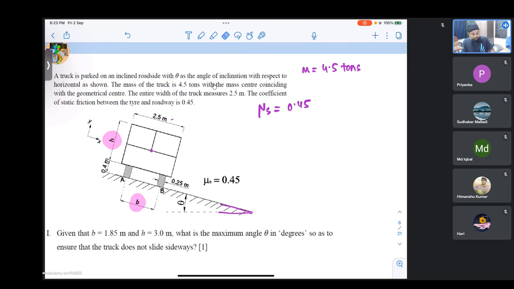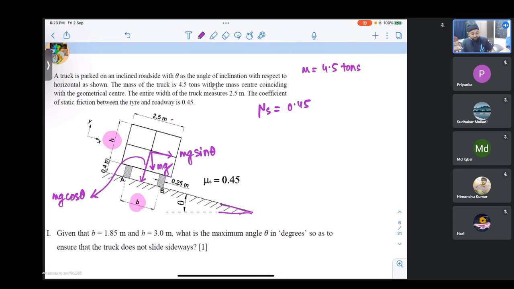So if we have to analyze this, let us again as usual draw the free body. We have our force here, which is mg. From the geometry we can see that this will be mg cos theta, and likewise this force will be mg sin theta.